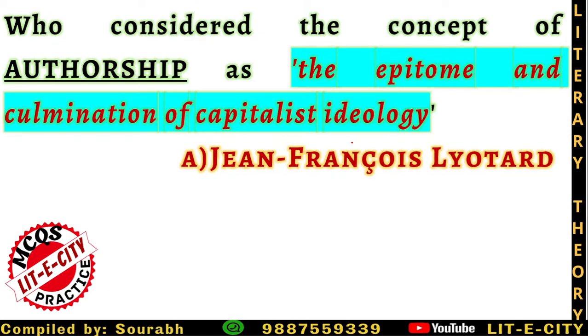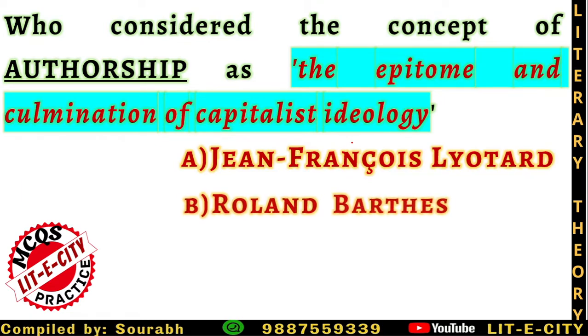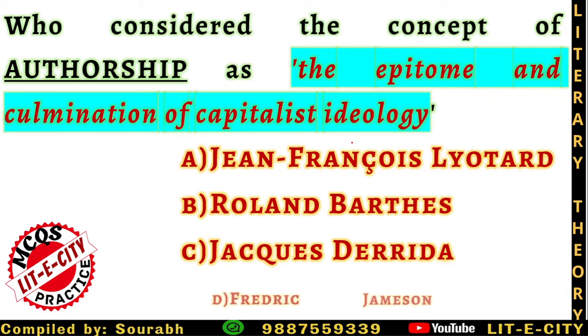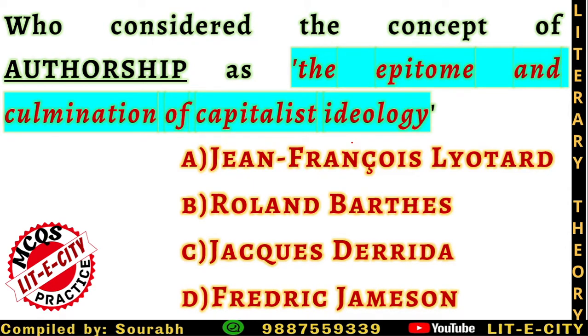Our options are Jean-Francois Lyotard, second one is Roland Barthes, third one is Jacques Derrida, and the last is Frederick Jameson. All these are somehow related with, we can say, deconstructing the concept of, or the hollow place an author occupied in historical and other critical terms, but their works basically explore and critically undermine the importance of an author to the text.